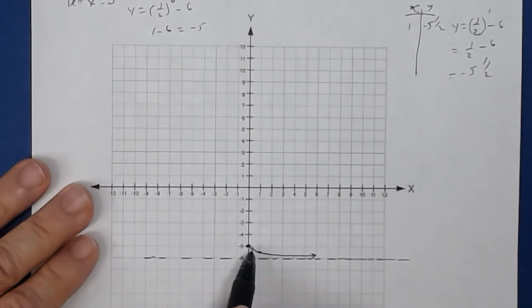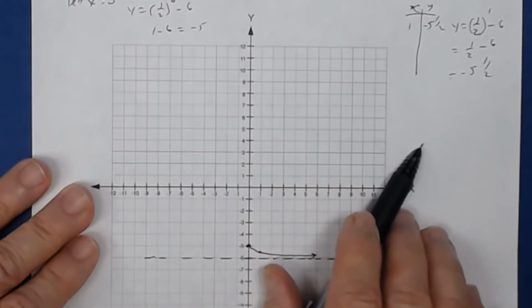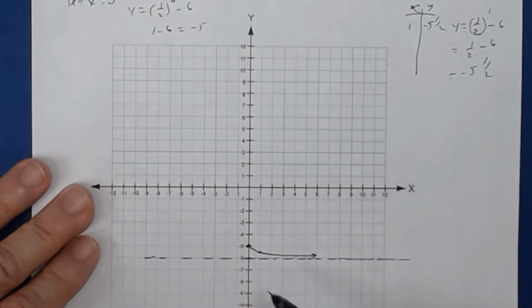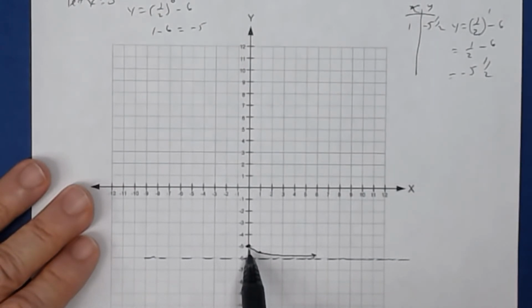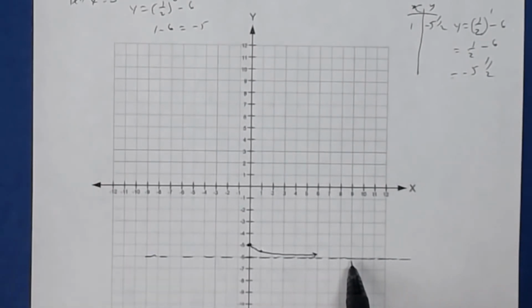So I know what's going to happen on this side. As x gets bigger and bigger and bigger, these y values are getting closer and closer and closer to negative 6 without being negative 6.